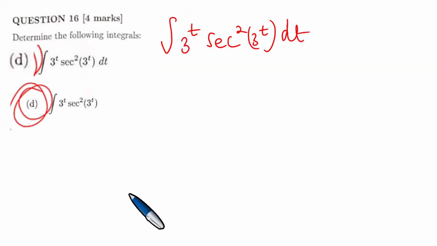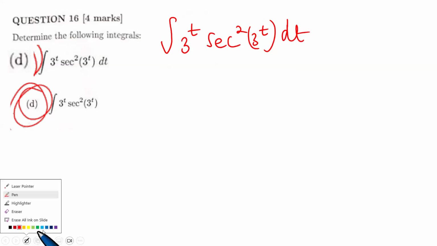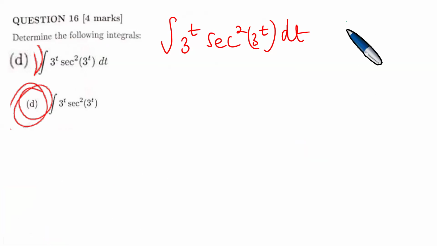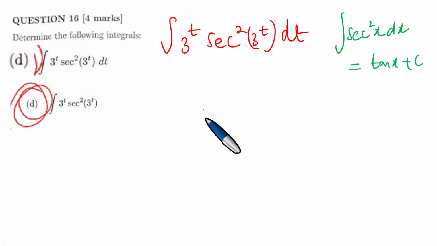But obviously, there are things we need to remember. We need to spend time on the properties of integrals. Like if you have the secant squared of x dx, we know that this is the tangent of x plus c.